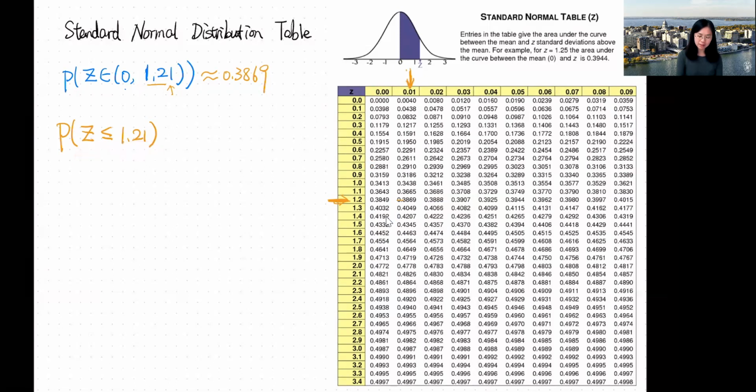One is that z is less than or equal to 0. And the other is z is between 0 and 1.21. Therefore, that probability is the probability that z is less than or equal to 0 plus the probability that z is in 0 to 1.21.